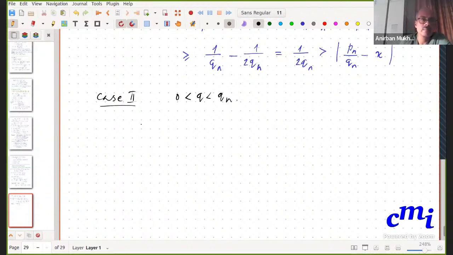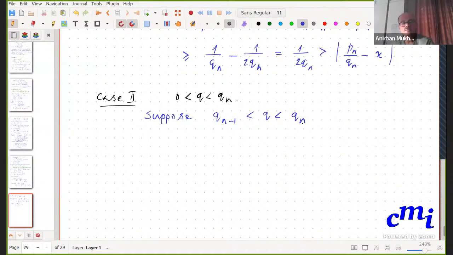Therefore, we can assume that Q lies between two such. So suppose Qn minus 1 is strictly less than Q, which is less than Qn. So that's always going to happen. If Q is not equal to a denominator of a convergent, then it will lie between two, with strict inequalities on both sides.